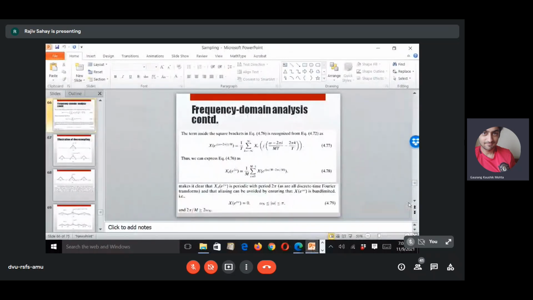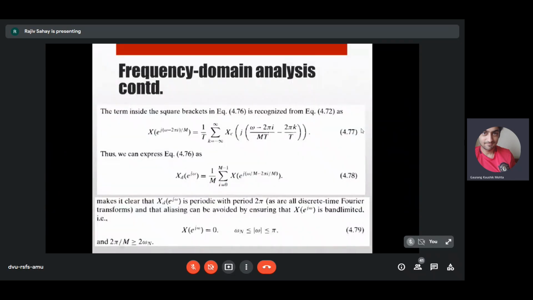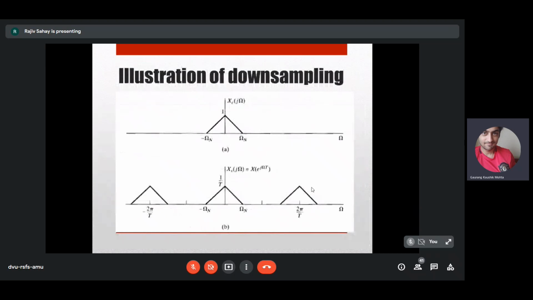Now let us look at the plots and then let us clarify these ideas. So this is the illustration of downsampling. The original Xc of t in frequency domain has the maximum bandwidth or cutoff frequency as capital omega n. When you sample Xc of t, you get X e to the power j omega.